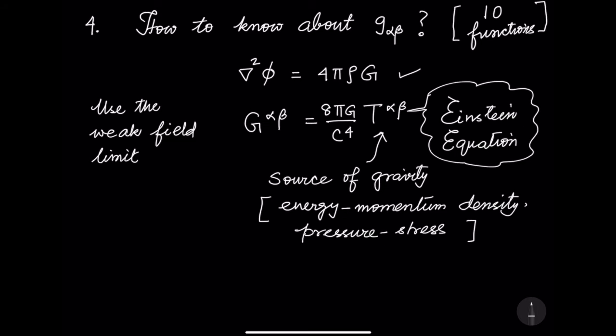So all of these determine the source for gravity. And the left hand side is the Einstein tensor. Remember that this is R alpha beta minus half the scalar R times g alpha beta. This is the second derivative of the metric. It also has the first derivative, but the second is the important thing.